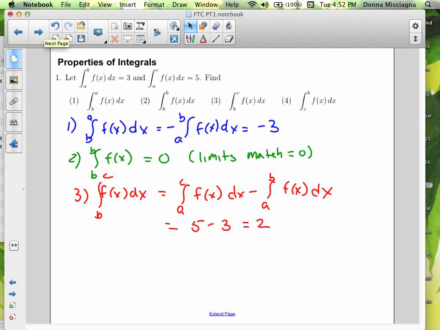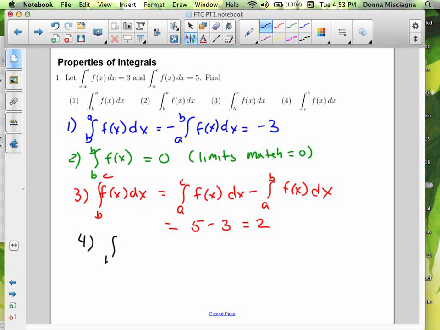All right, so you can just take the whole interval and subtract off the piece you don't need to give you the leftovers there. And then lastly, we're looking for from b to c. Do we have the same thing twice? Oh, I'm sorry, it's from C to B. I looked at it backwards.